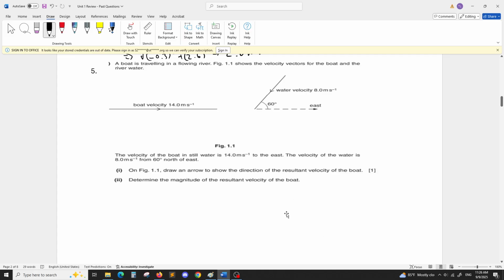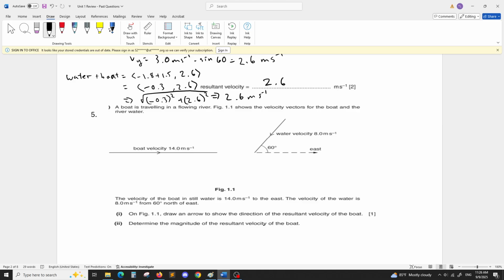So basically we do the same thing. Instead, in this case, I'm actually gonna draw the boat velocity on this side. So we have this long thing. Let me just say up here, about. Sure, around here. So this is our boat velocity.